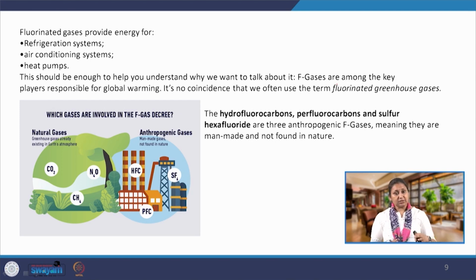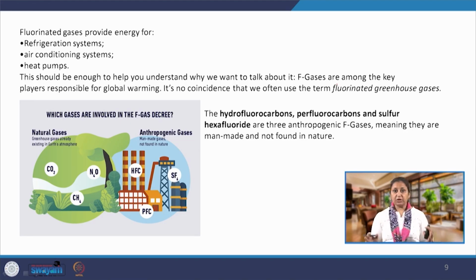Now, fluorinated gases in general are found in refrigeration systems, air conditioning systems, heat pumps, and you are aware that the changing lifestyles across the world have made us more and more dependent on air conditioning systems, refrigeration systems and heat pumps.